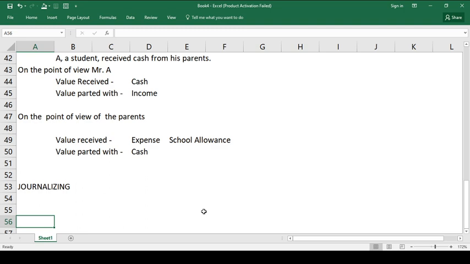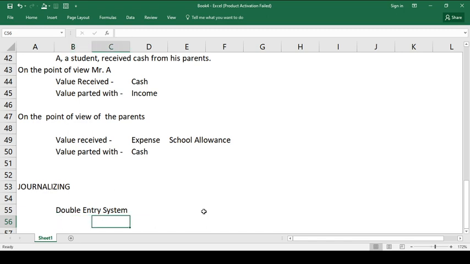Now, how are we going to journalize the transaction? According to the rules in accounting, the acceptable system of recording the transaction is what we call the double entry system. Take note, we are going to use the double entry system.